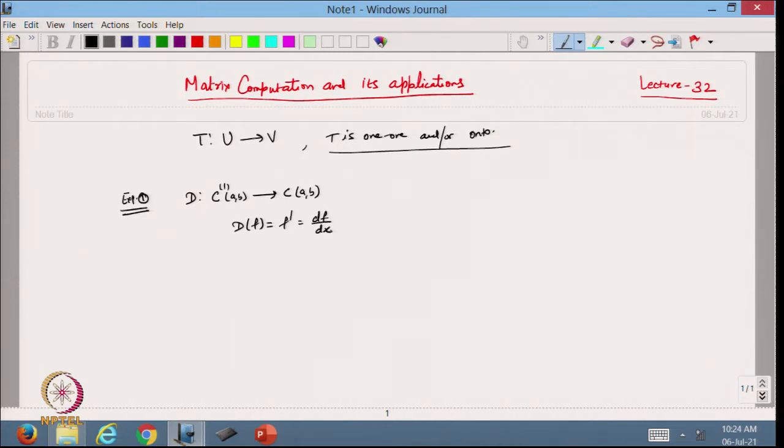So it is a derivative we have taken. Now I want to check whether D is 1 to 1 or onto.